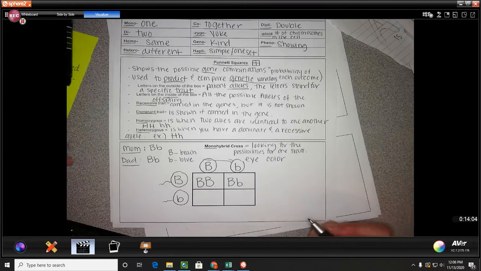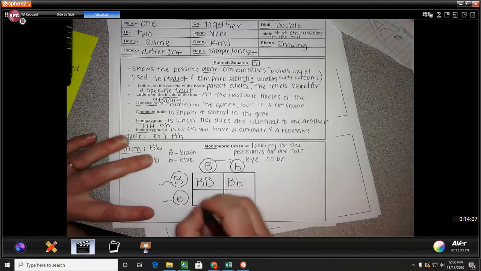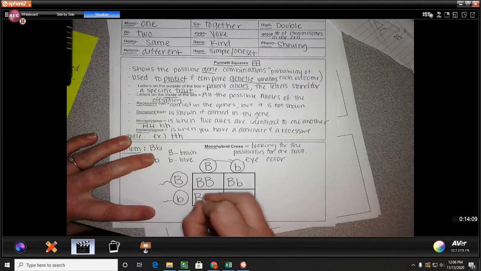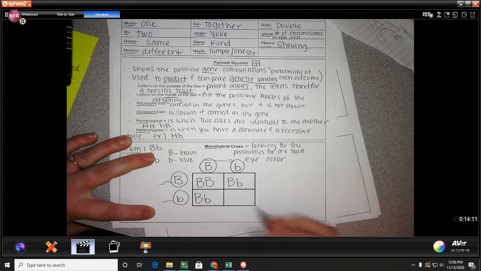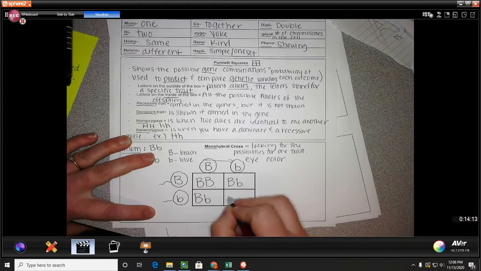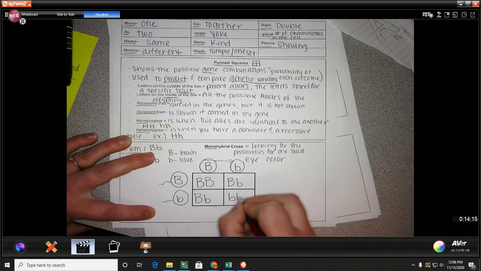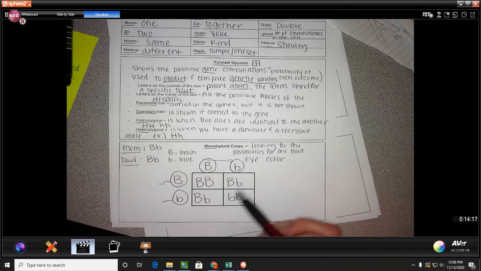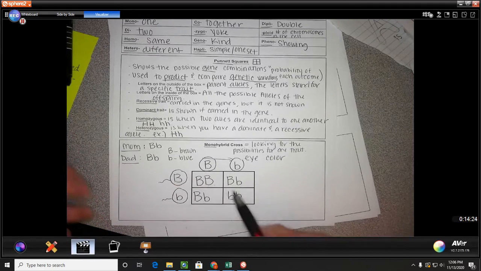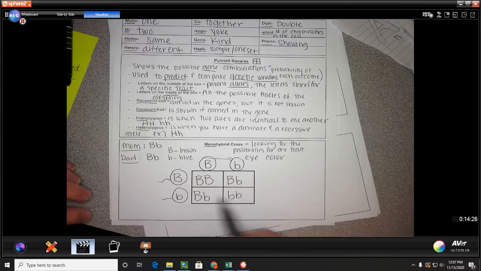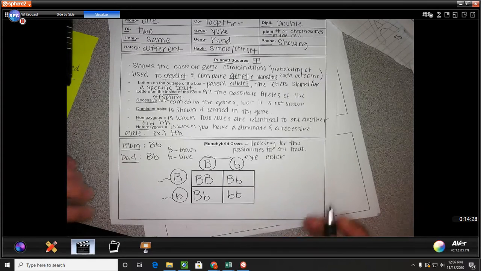So another possibility is big B, little b. Okay, mom can bring a big B and dad a little b. And then mom a little b and dad a little b. So here are the possibilities for this one baby. This one baby could have big B, big B; big B, little b; big B, little b; and little b, little b. Okay?